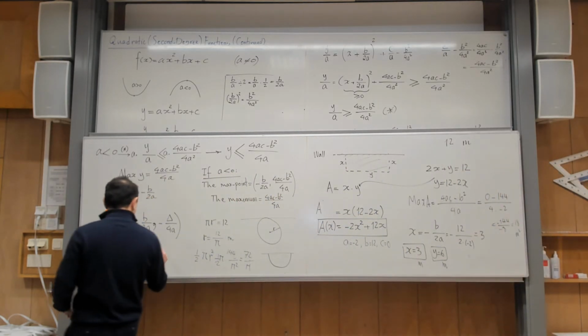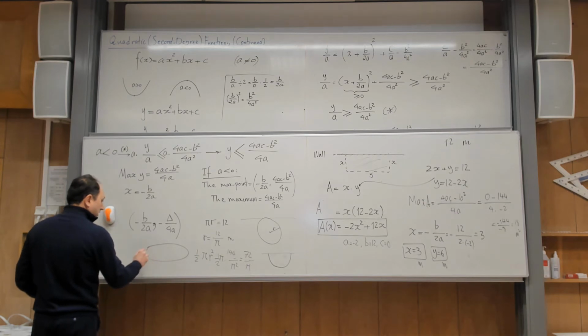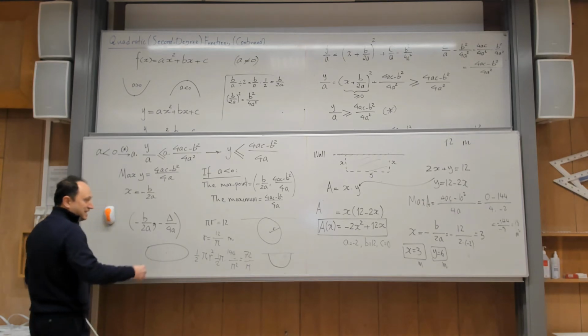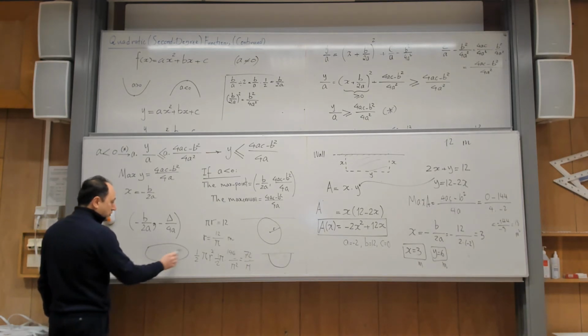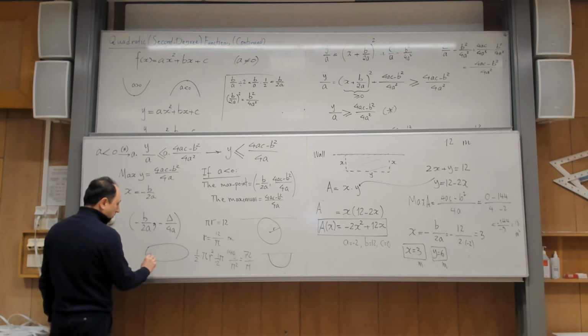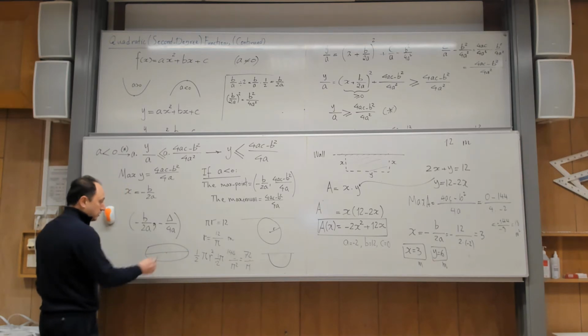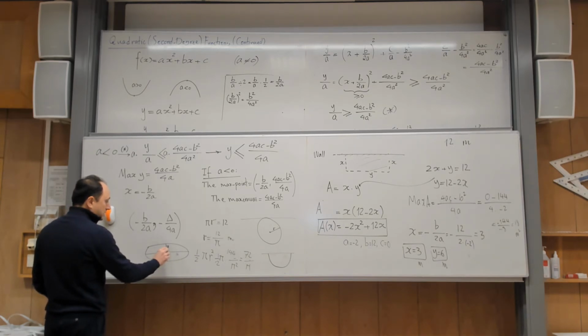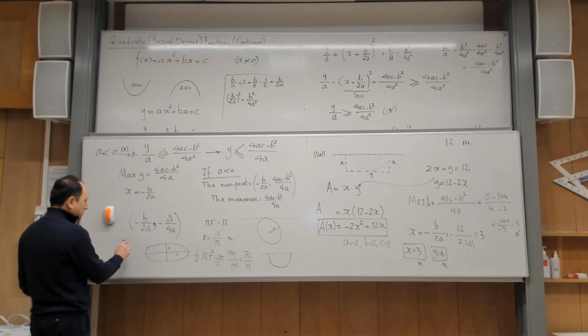So if you have an ellipse like this, an ellipse is a little bit like a circle, but you have 2 axes. One is called the major axis, one is called the minor axis. These are the longest one and the smallest one. If half of this is A and this is B, the area is simply pi AB.